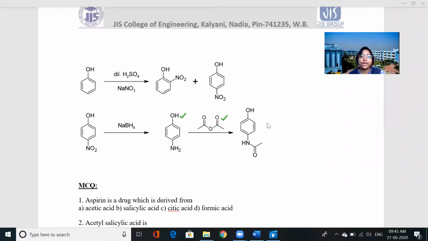And then we get the product. So you try to give the structure along with the names. So you have learned how we produce paracetamol and how we synthesize the aspirin.